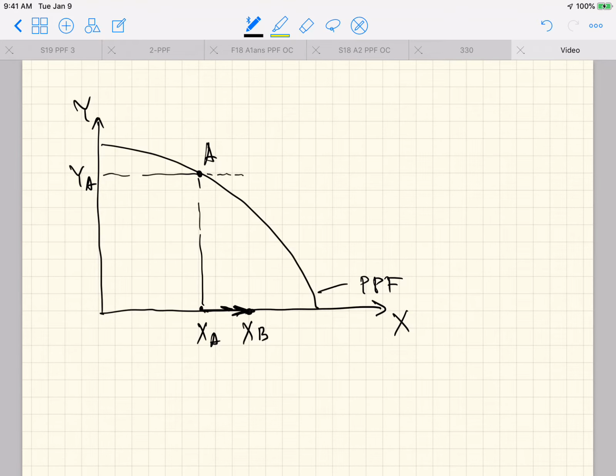You will have to go down to increase your production of good X. So the amount of good Y that you will lose when going down to go further right is the opportunity cost of increasing production of good X.